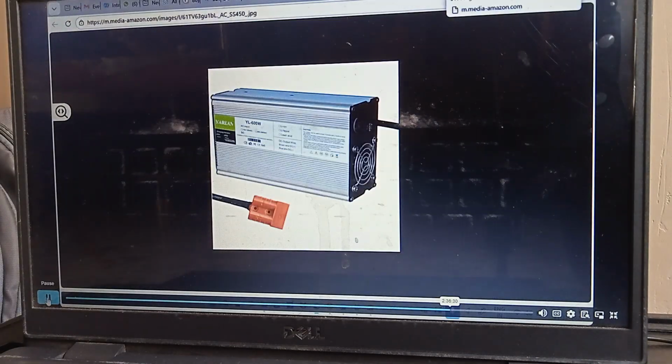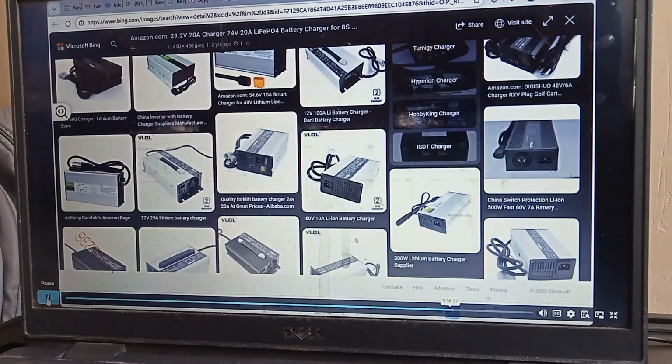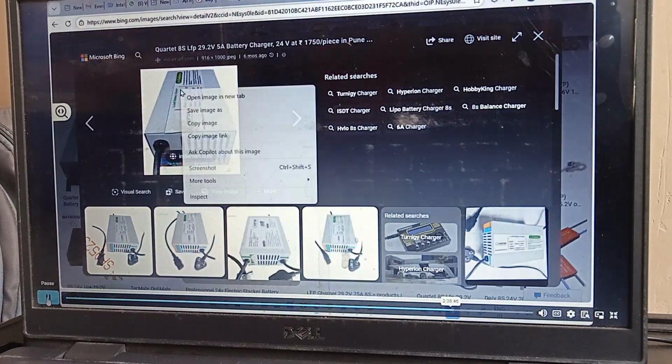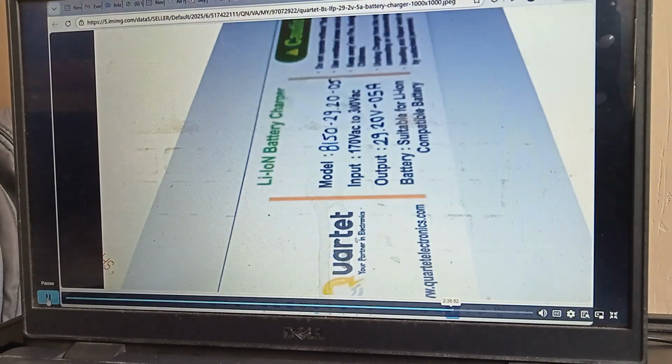Image is not clear. Okay, you can see here, are you able to see 29.2 output, 29.20 volt?